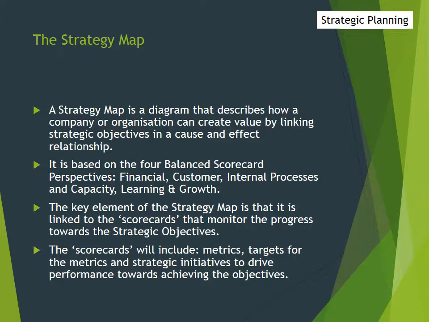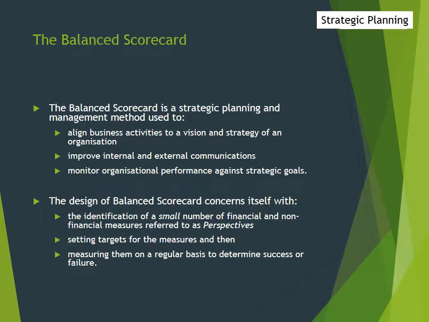The key element to the strategy map is that it links these scorecards that monitor the progress towards strategic objectives. So the scorecards will include some kind of measurements or metrics, targets, what our goals are, and the initiatives we use to move forward. The balanced scorecard is simply a way to measure our progress towards the future objectives.